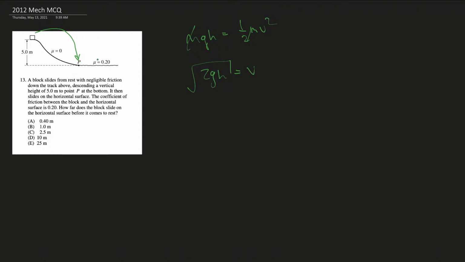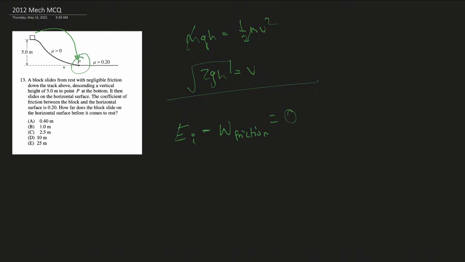Now, we know that mu is equal to 0.2. They were asking how far the block slides before it comes to rest. If you think about the initial energy, right after this, you have some initial energy, minus the work done by the friction force, which would give us 0 energy in the system.